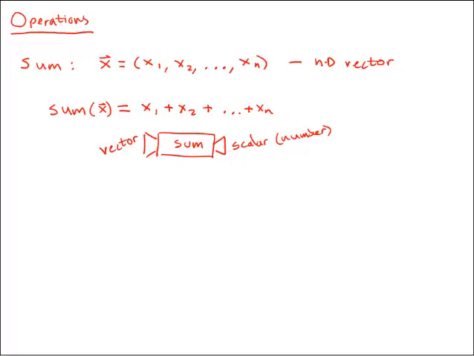All right, next and most important operation is the dot product. This will come up over and over again in your life, and if you understand it, you will be a better person. So how does the dot product work? First of all, how do we write the dot product?